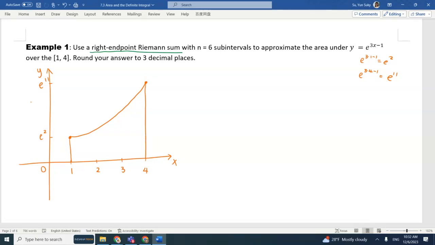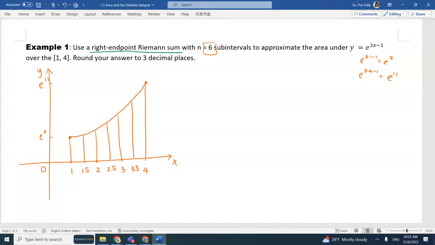And we want to cut it with 6 subintervals. So 6 subintervals. And do you see this part? If I cut it with the 2 and 3, I have 1, 2, 3, right? And I need to cut 6. So you just look at the midpoint of them. So this midpoint is 1.5. This midpoint is 2.5, and that midpoint is 3.5.